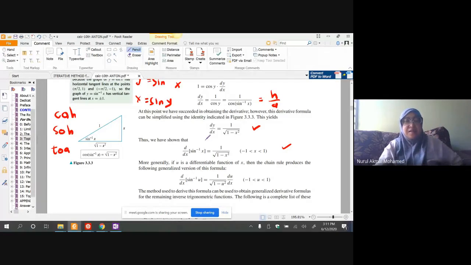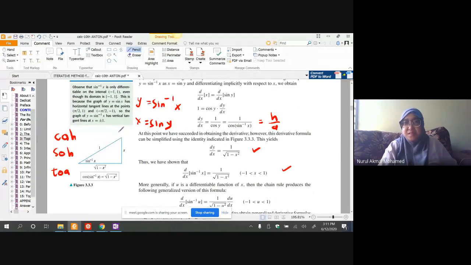But let's look at here. Why do you have arc sine of x as the angle, the hypotenuse equal to 1, the opposite equal to x, and the adjacent equal to square root of 1 minus x squared?